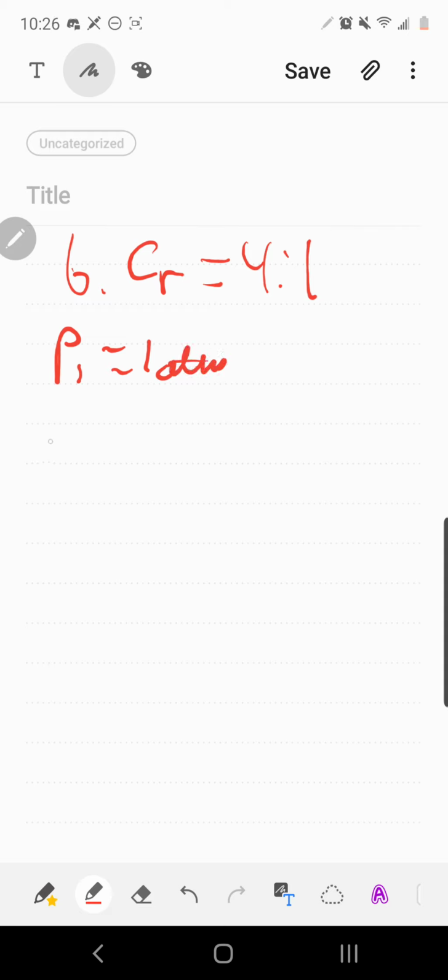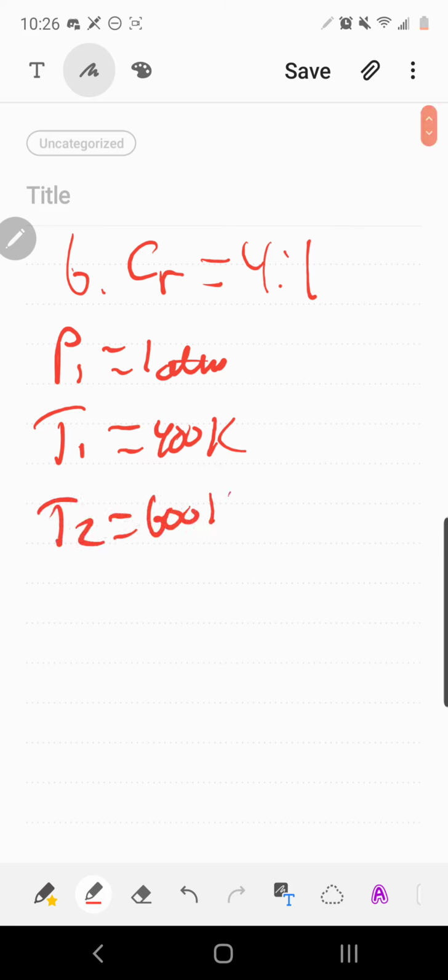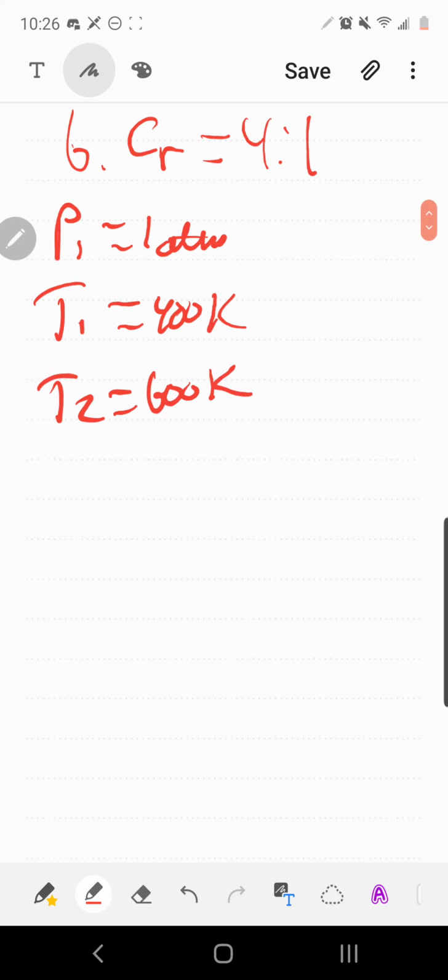Before compression, the temperature T1 is 400 Kelvin, at atmospheric pressure. After compression, temperature is 600 Kelvin. What is most nearly the work per unit mass done by the piston specifically?